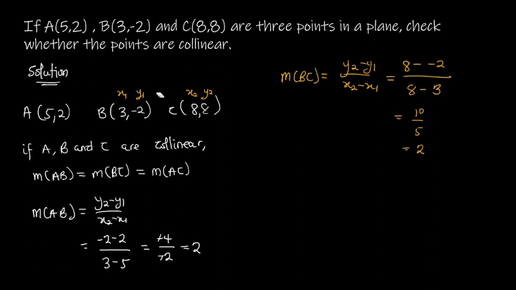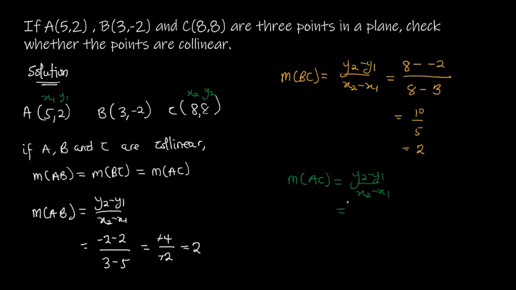Alright, so let's go ahead and calculate the gradient of the last set of points, that is A and C, to see if we'll get the same result. So the gradient of the point AC is equal to, for AC, my A becomes my first point, so I have x1, y1, and then x2, y2. Alright, so I can go ahead and quote my slope or gradient formula, which is y2 minus y1 on x2 minus x1.